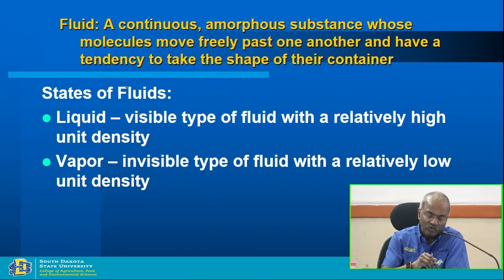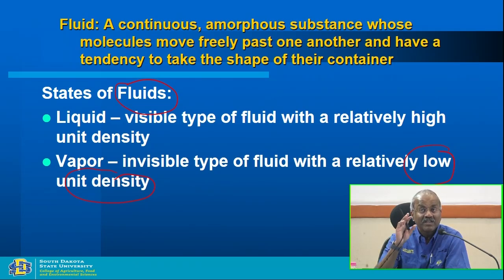There are two types of fluids, we looked at it. Liquid, a visible type of fluid with a relatively high unit density. Vapor, relatively low unit density, right? Vapor, low density. Liquid has a high density. The thicker the fluid, the higher the density in general, but that may not be true all the time.